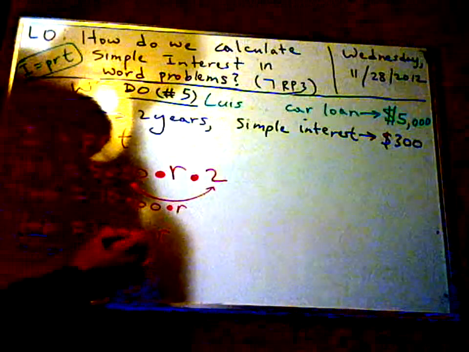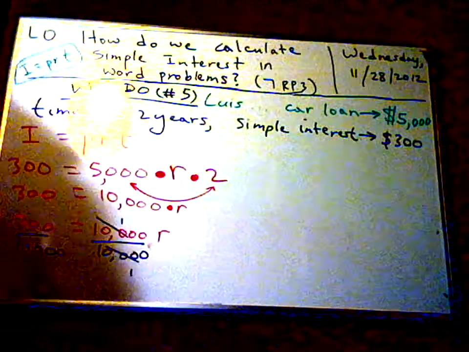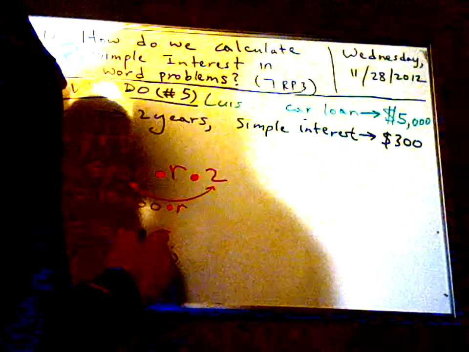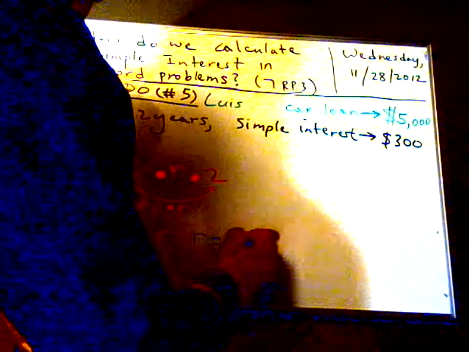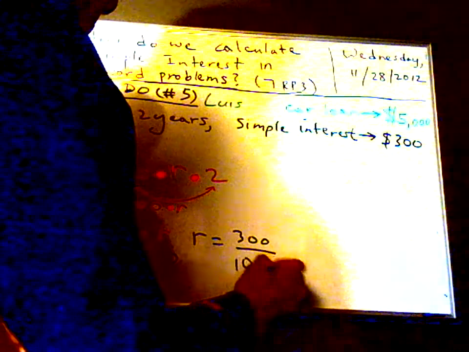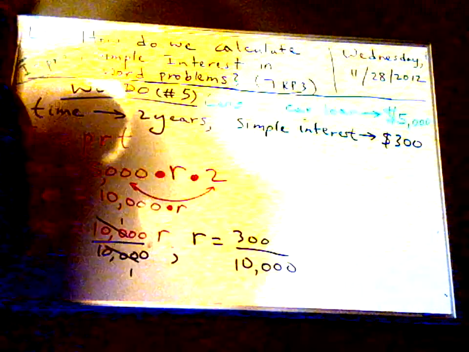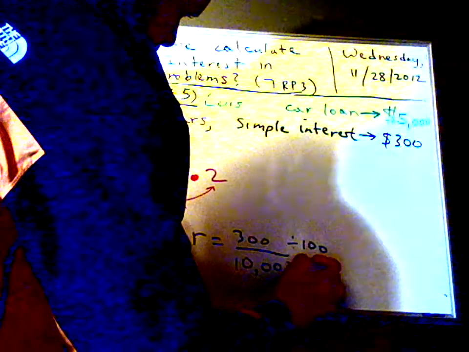So R is equal to 300 over 10,000. We can divide numerator by 100 and denominator by 100.